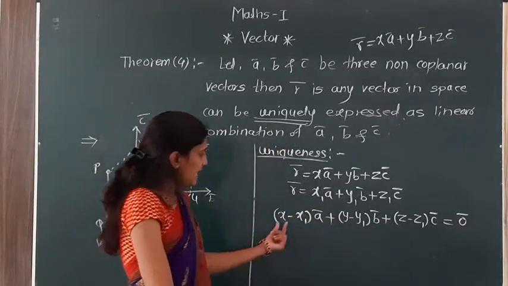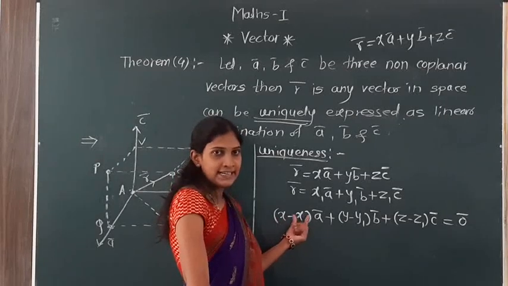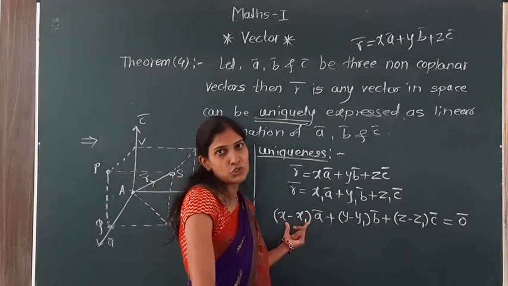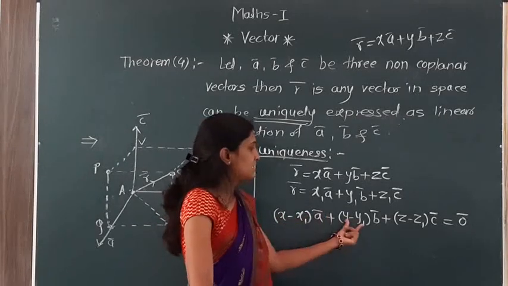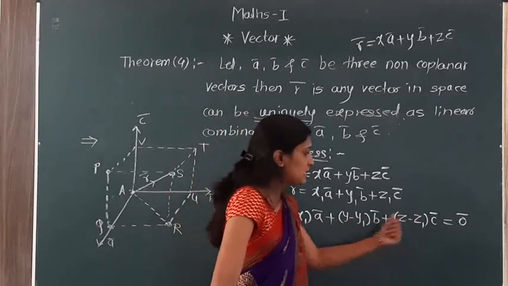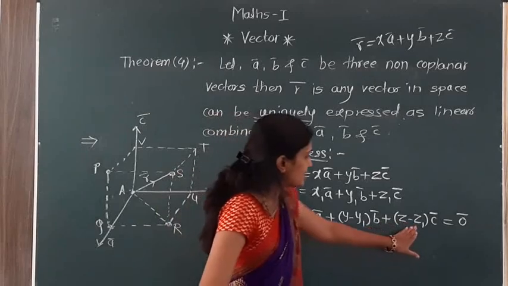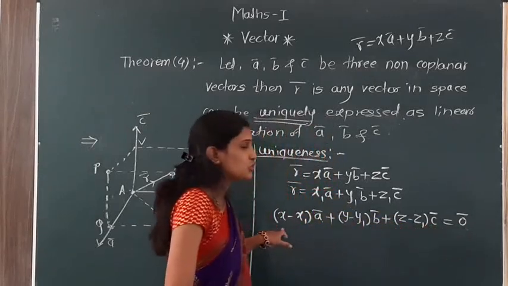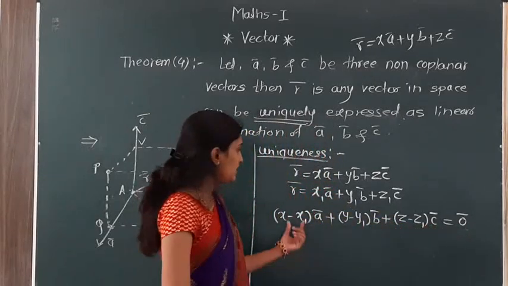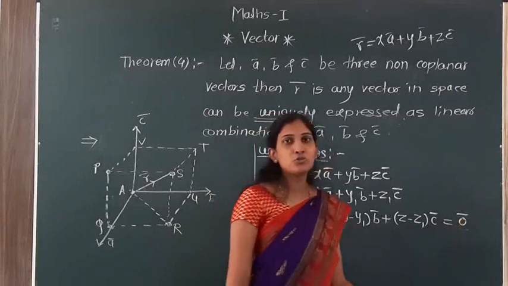Now x is a scalar, x1 is a scalar, and the subtraction of two scalars is also a scalar. So scalar into vector, scalar into vector and scalar into vector is a linear combination, and this linear combination is equal to 0.